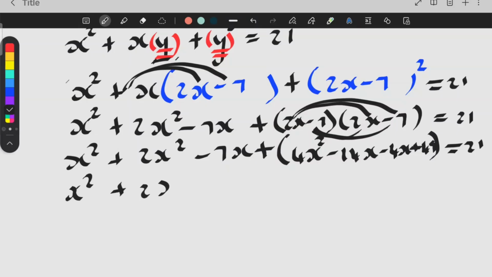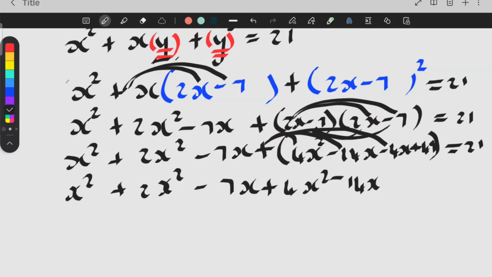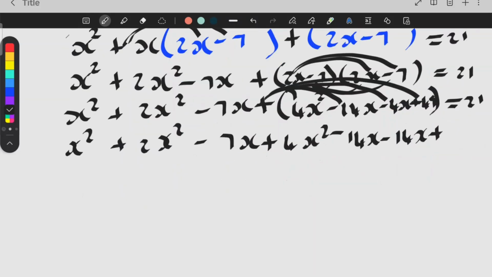Only now I'm going to remove the brackets. So this times this, a positive times 4x squared is plus 4x squared. This is minus 14x. This is minus 14x. That times that gives me plus 49. I'm now going to bring the 21 over, so this is minus 21 equals 0. Okay, like terms: x squared, x squared, x squared gives me 7x squared.